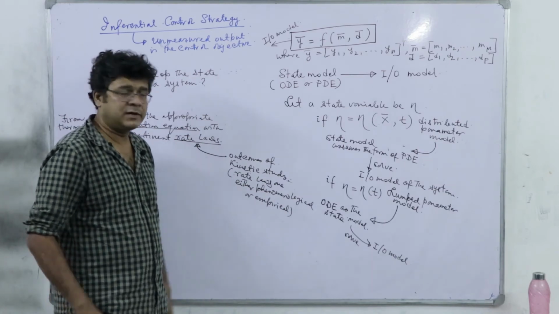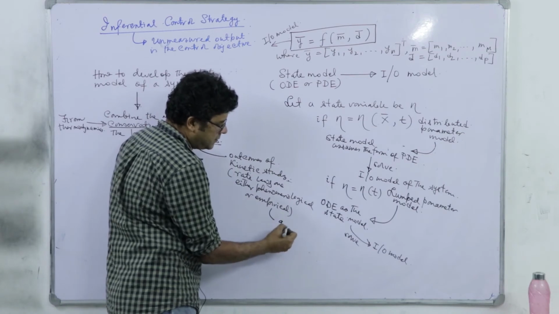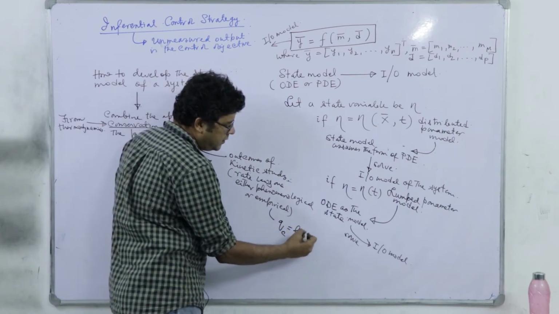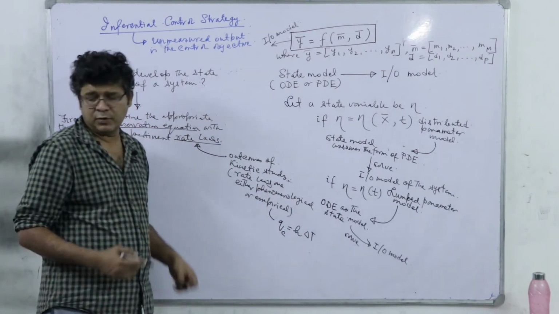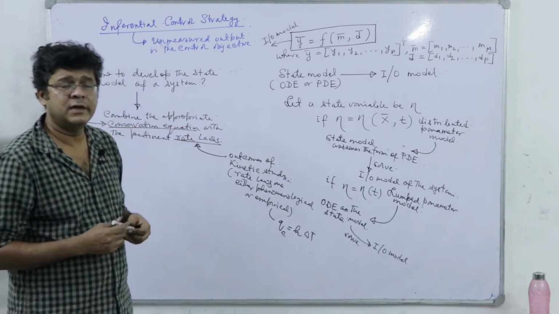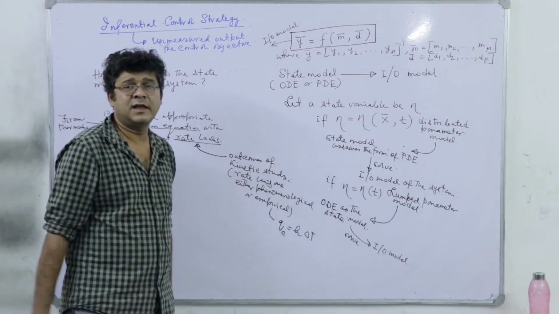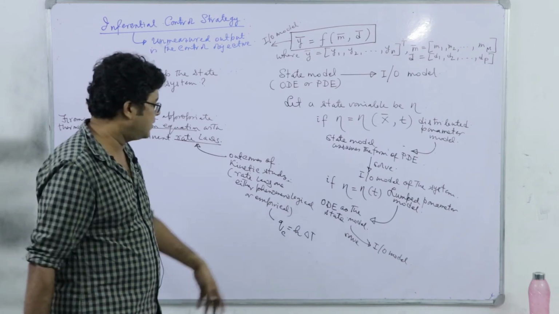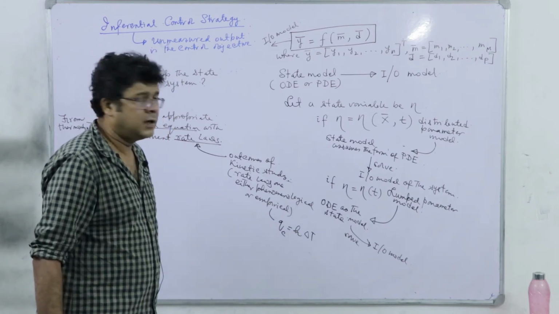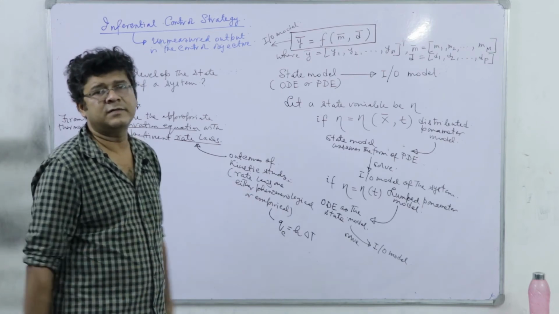Whereas, empirical rate laws, the typical example is the convective heat flux, H into delta T. So, H is an empirical coefficient, mostly we find it through experiments and empirical correlations like Dittus-Boelter, for pipe flow and different others, right. So, this is an empirical law. Actually, there is nothing called H from the physical origin of that system.